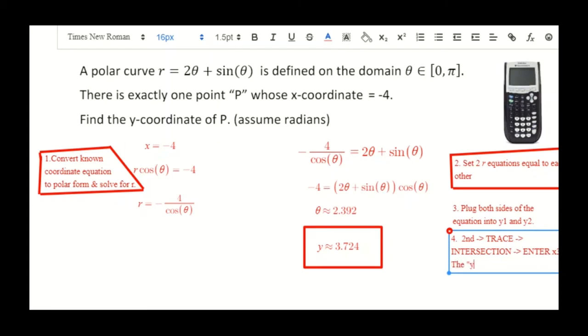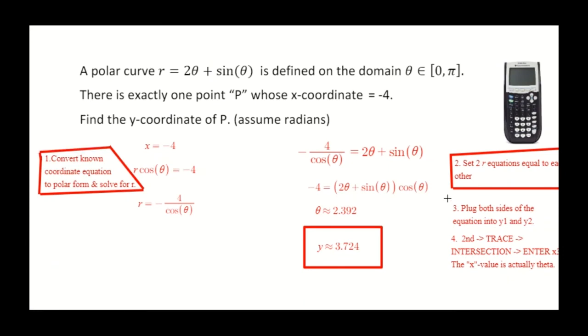The y value, or I'm sorry, the x value is actually theta. It doesn't really like that theta in this text box, so I'm just going to leave it like that. Okay, so that's going to give us theta. That's where the theta comes from. Okay, and that's kind of explaining where this guy comes from.